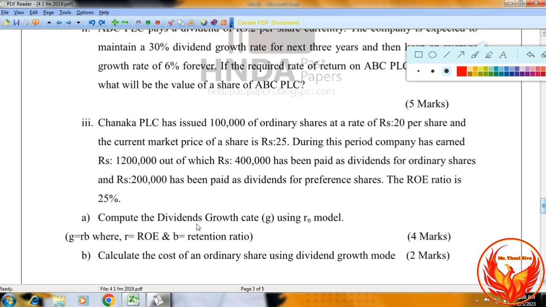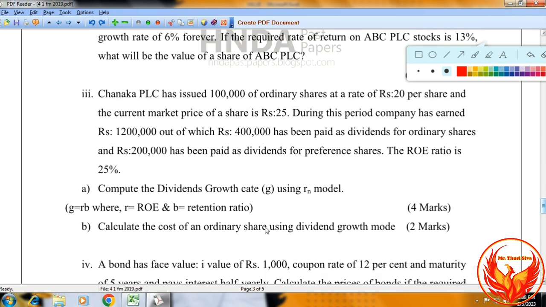A. Compute the dividend growth rate, g, using the RB model. The additional information: g equals RB, where R equals ROE, return on equity, and B equals the retention ratio.